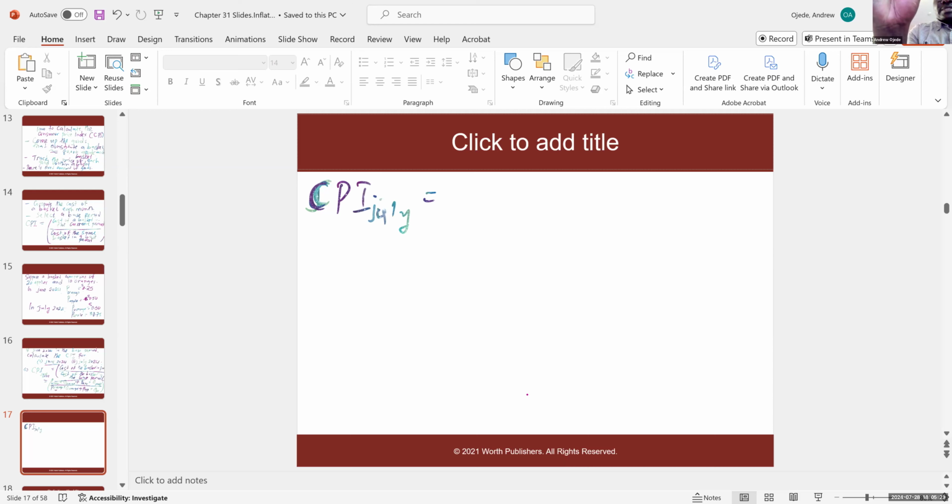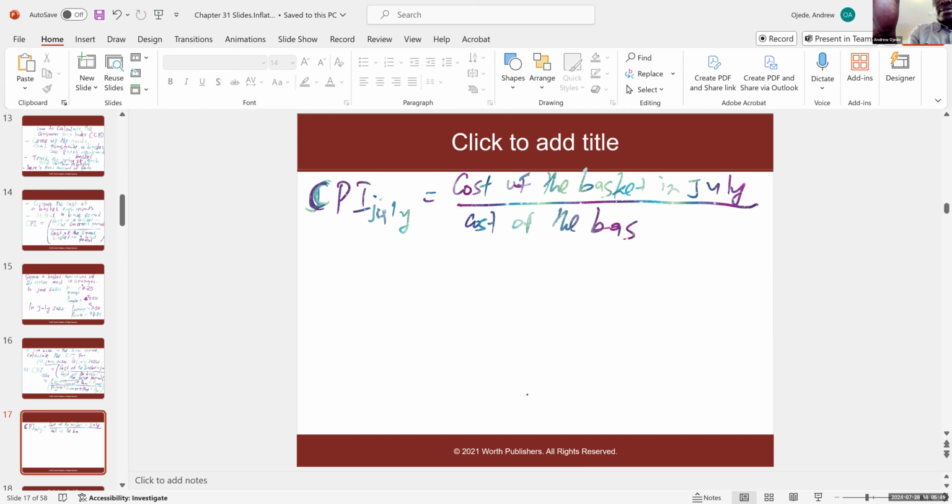The formula says you take the cost of the basket in July, that's your current period, the period you're calculating the CPI for, divided by the cost of the basket in the base year period. Our base period, we said, is June. Then you multiply this by 100.